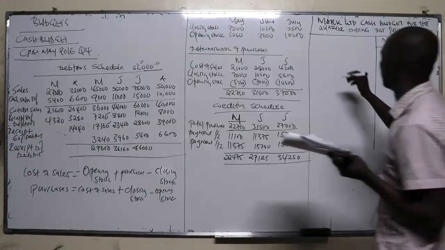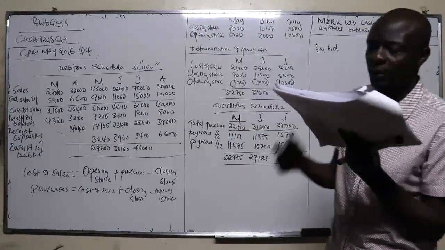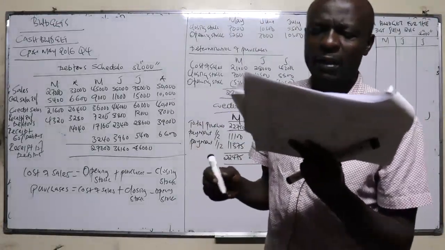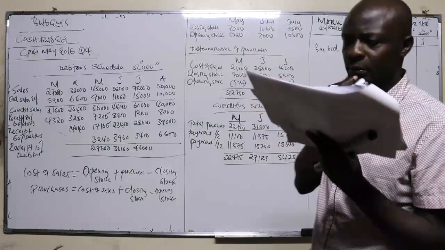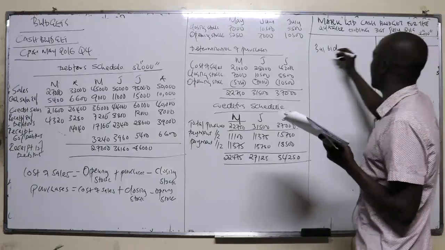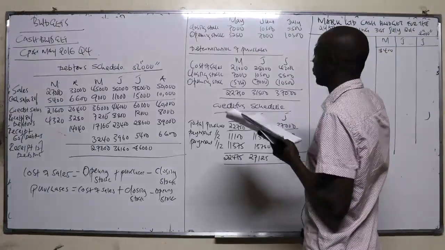So we start with the balance brought down, the cash balance. The balance at the beginning of the period was how much? 8,400. So here you write 8,400. And then here you write receipts. We have cash sales.